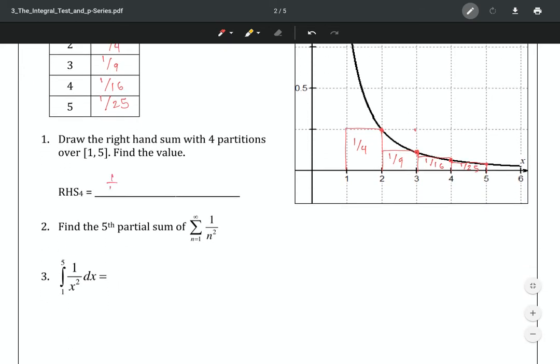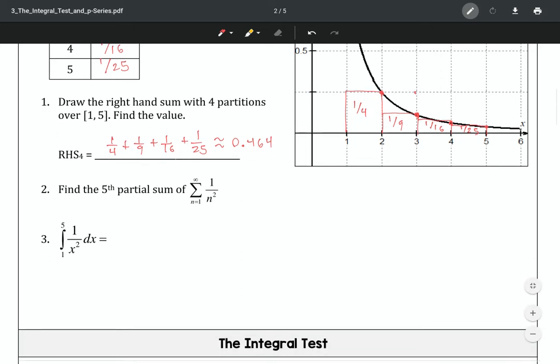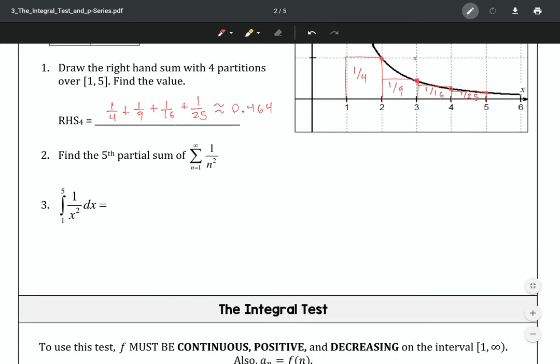Now, when you add all those areas together using the right-hand sum, this is going to be approximately 0.464, excuse me. So now we're going to find the fifth partial sum.